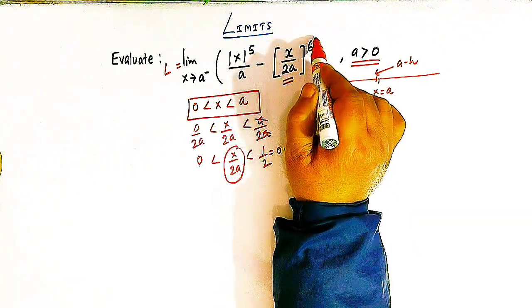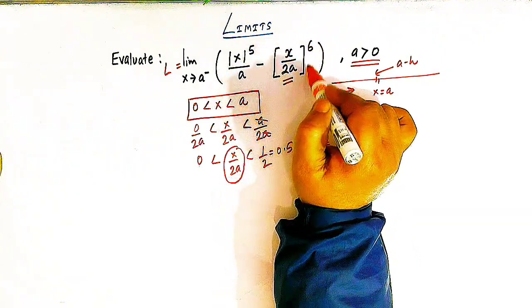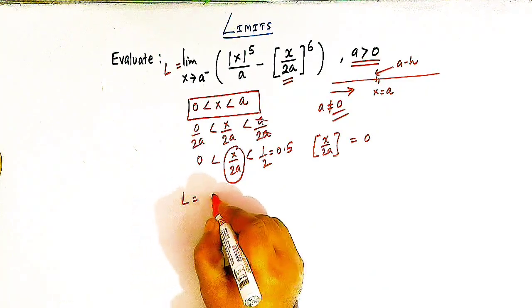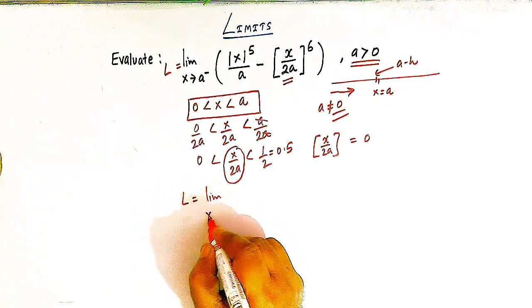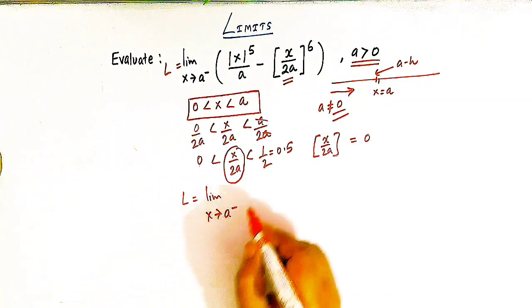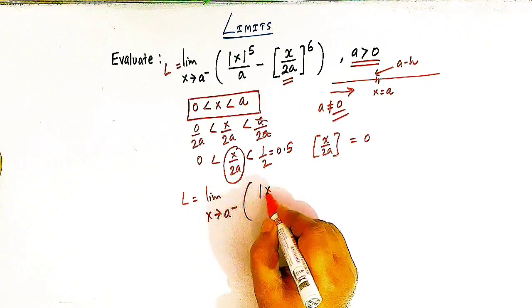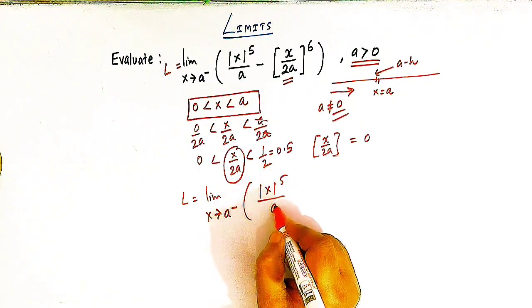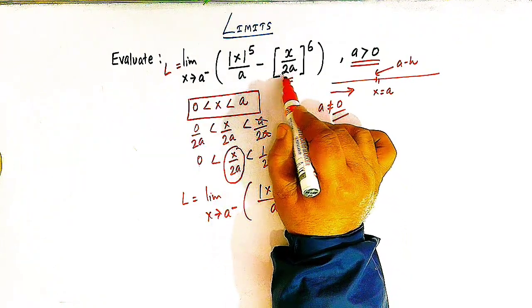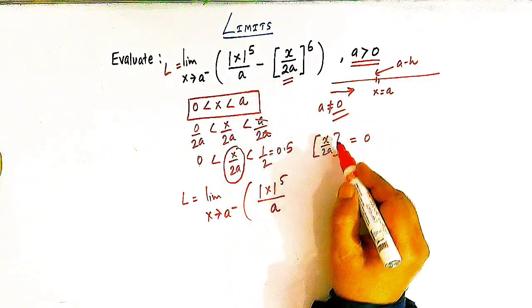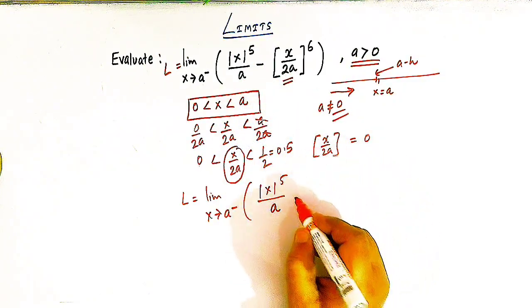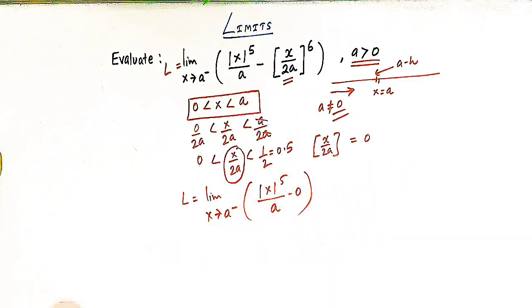So now this quantity is 0. So we can now write limit x tends to a minus, mod of x raised to 5 over a, and this second quantity is equal to 0 because greatest integer of x over 2a is 0.